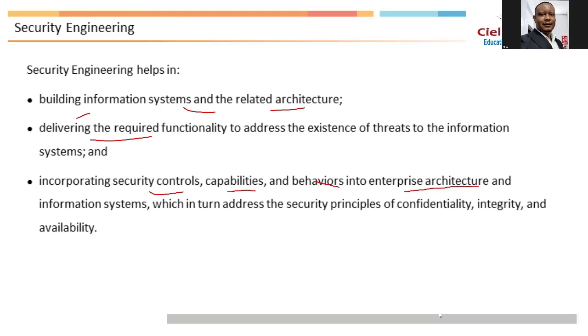A key way to do that is via security engineering, because this will help us ensure that security is integrated into every aspect of the systems and functions within the organization, including how the users interact with the system and how the system responds to threats. All of these are key things that security engineering will help us accomplish.